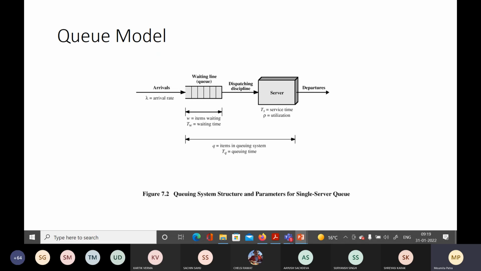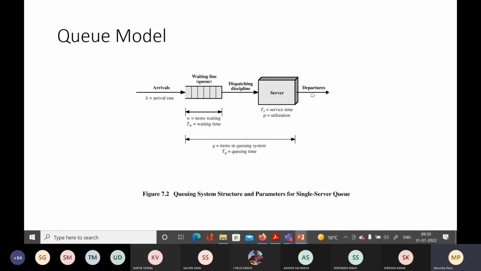That means the arrival rate divided by the rate at which the server can serve. We also call it service utilization, and it is denoted by rho here. Once the server has served the job, it will depart from the system. So this is the line of departures.